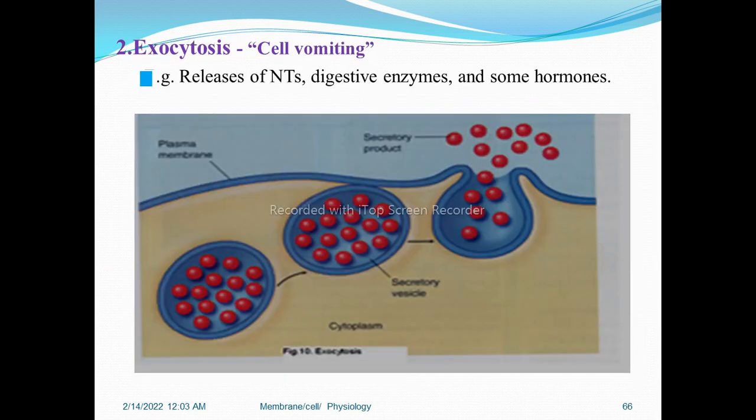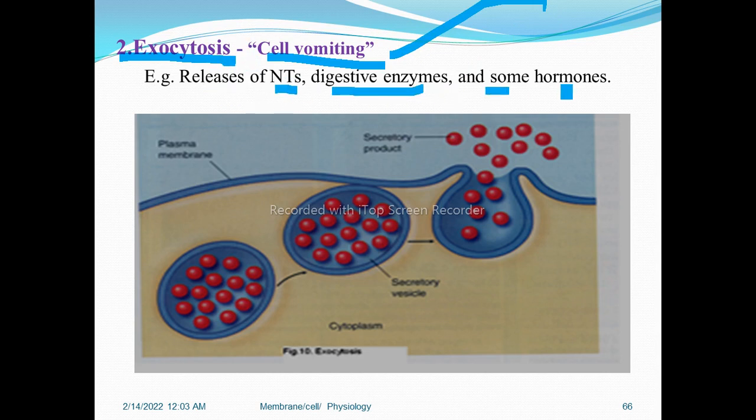The second type of vesicular transport is exocytosis. This is known as cell vomiting. Vomiting means removing the inside cell contents. In exocytosis, neurotransmitters, digestive enzymes and some hormones are released from inside the cell to the outside.